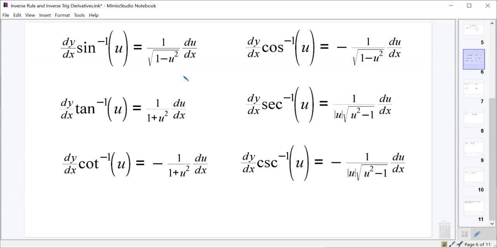So if you can remember sine and tangent and secant, then you should be able to remember the other 3. Just throw a negative sign in front of the co-functions, right? Good or no? Everybody okay with that or not? Yeah. All right.